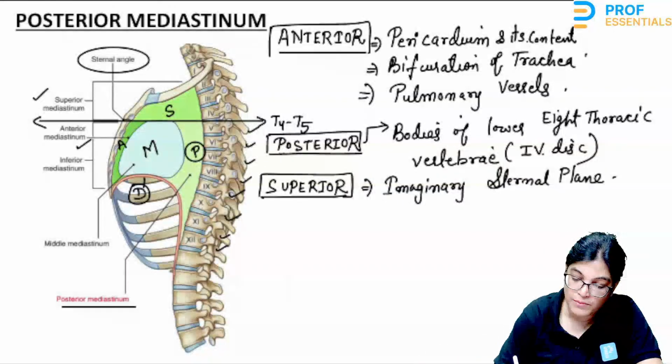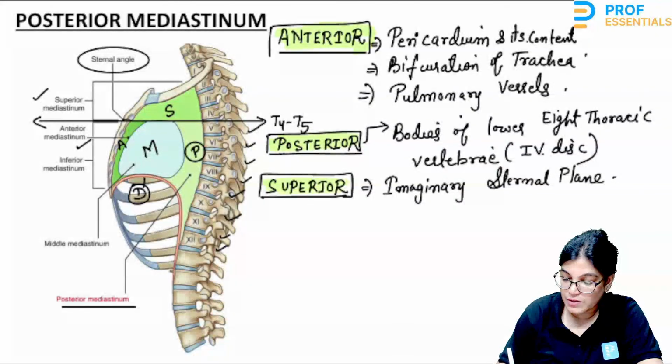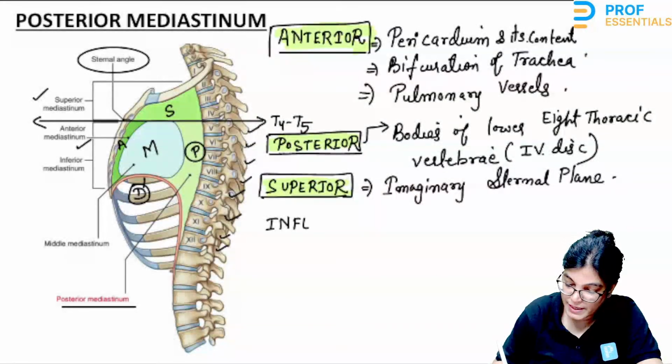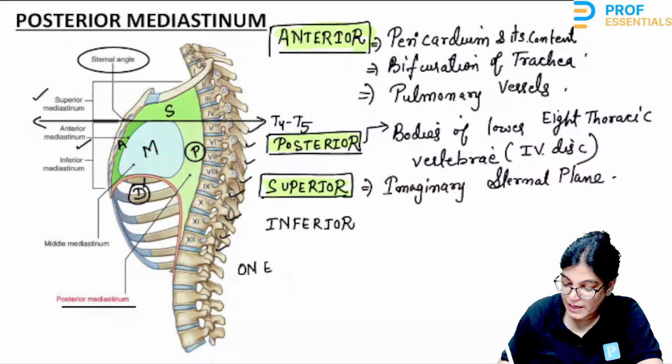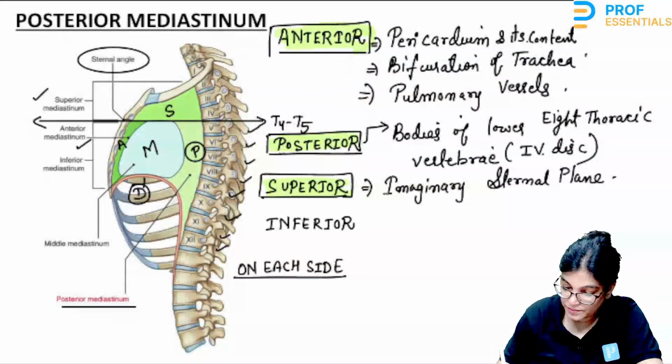So we have written about the anterior boundary, the posterior boundary, the superior, and now we have to know what lies on the inferior and on each side. Inferiorly lies the diaphragm, and on each side we will have the mediastinal pleura.